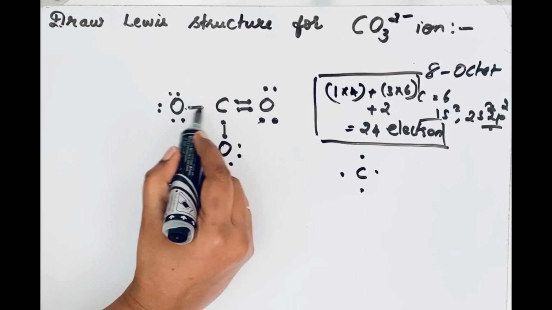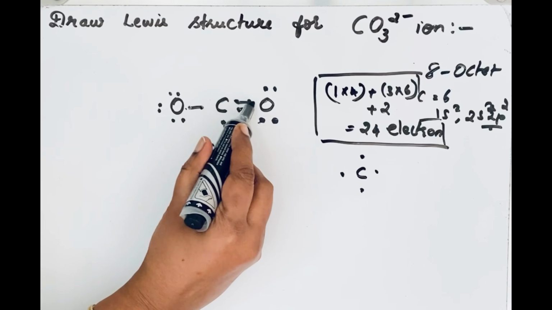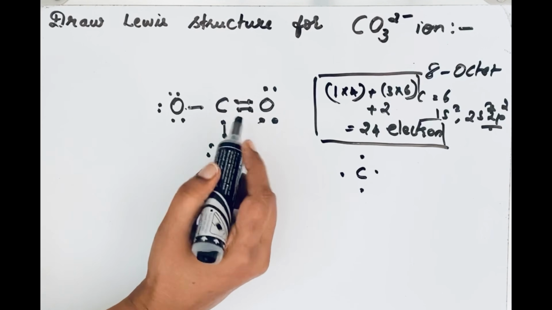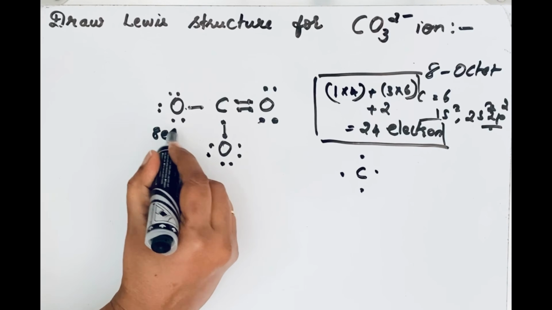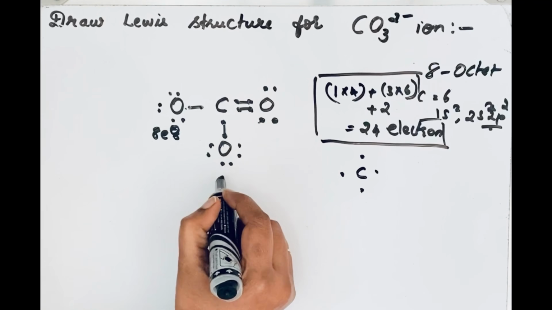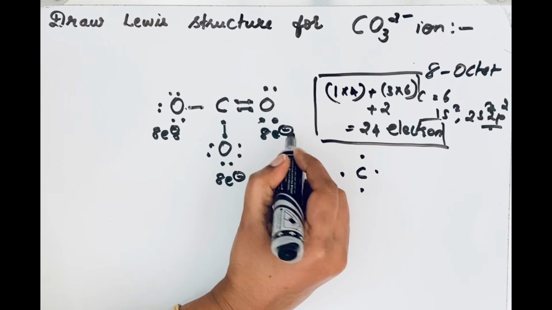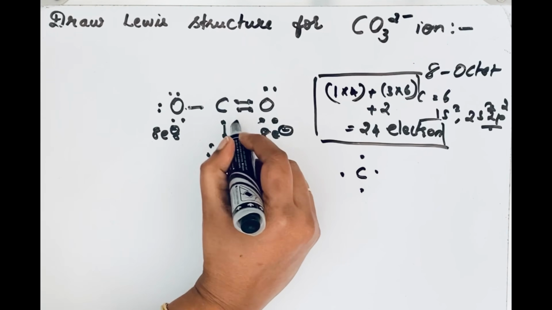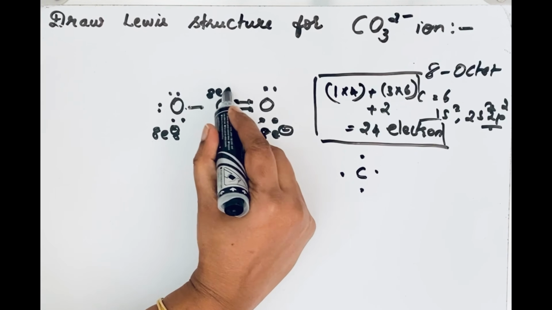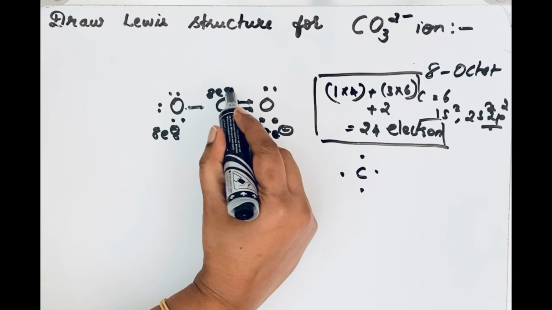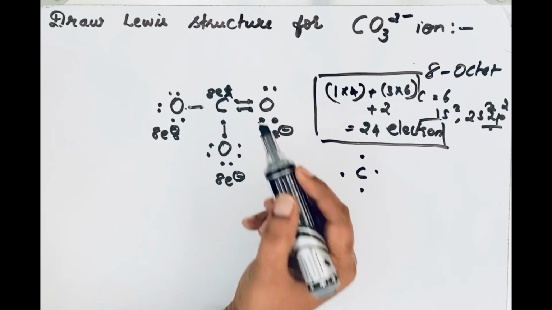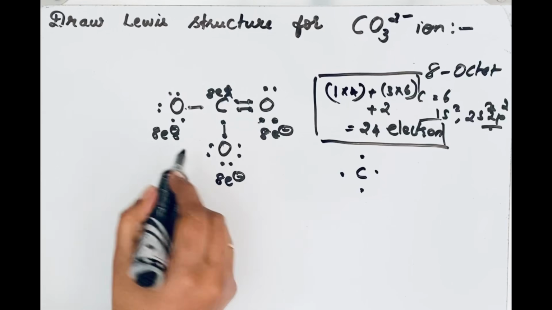Okay, come to carbon now. 2, 4, 6, 8. So all atoms now have 8 electrons. That means the octet rule is satisfied. Now this is like a first check.